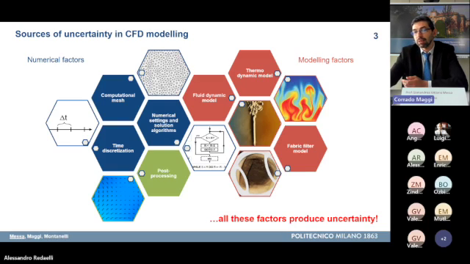But at the same time, we also have modeling sources of uncertainty. And this is peculiar to fluid dynamics, and it is due to the fact that before being discretized, the basic fundamental equations obtained from the physical principles, so mass conservation, momentum conservation, energy conservation, must be manipulated and approximated to be handleable by a computer.